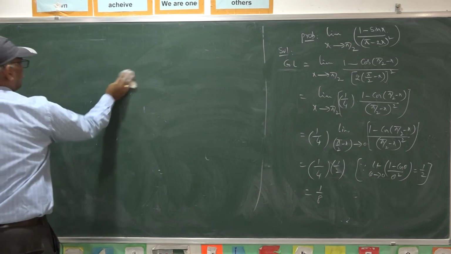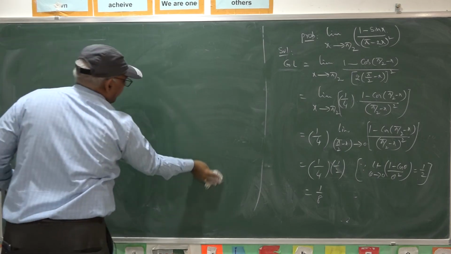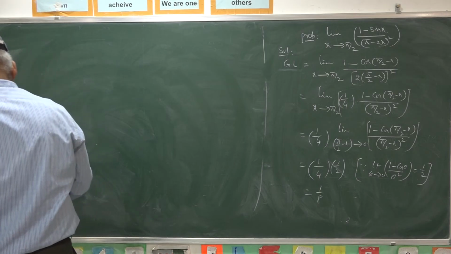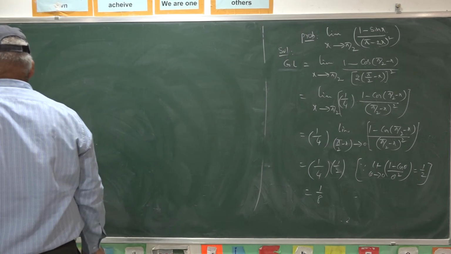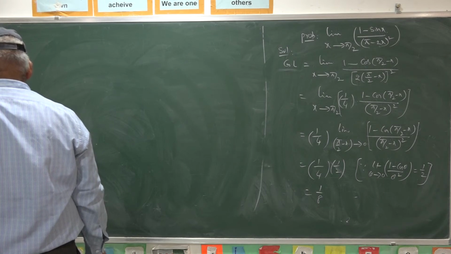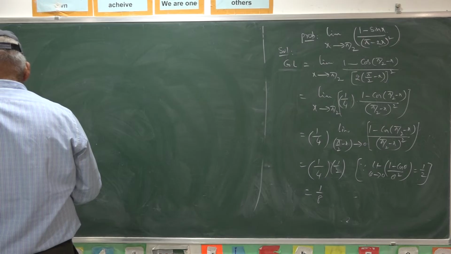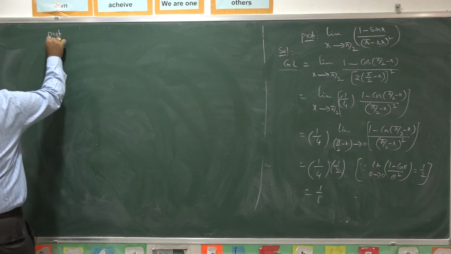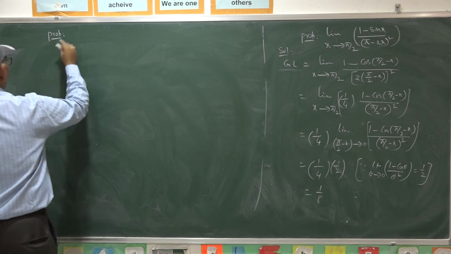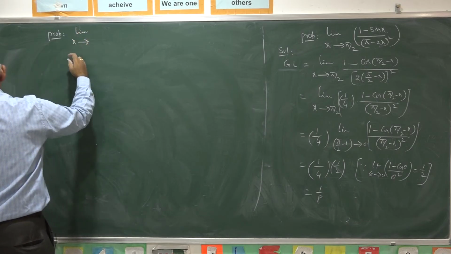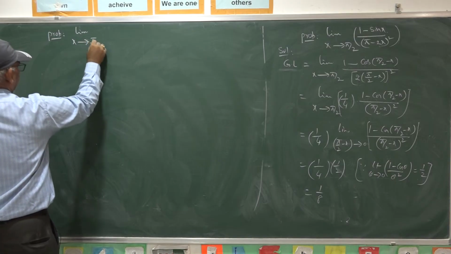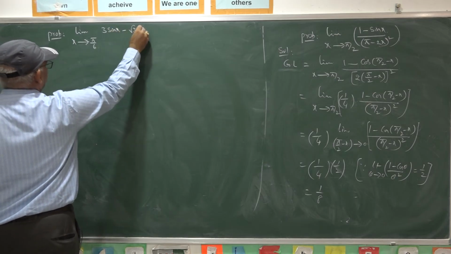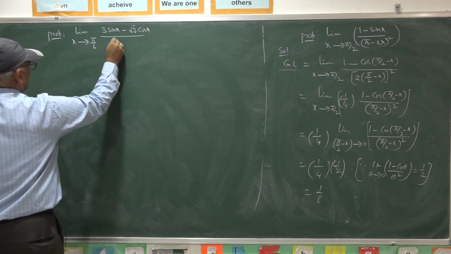Next problem. Limit as x goes to pi by 6, (3 sin x minus root 3 cos x) by (6x minus pi).